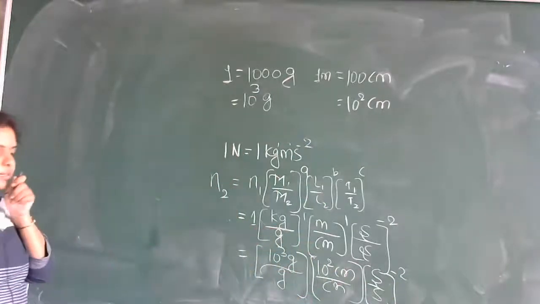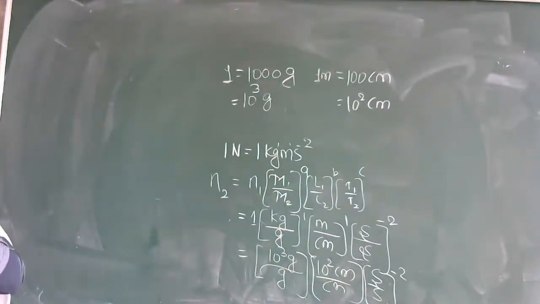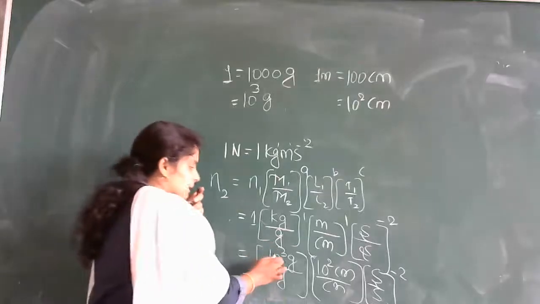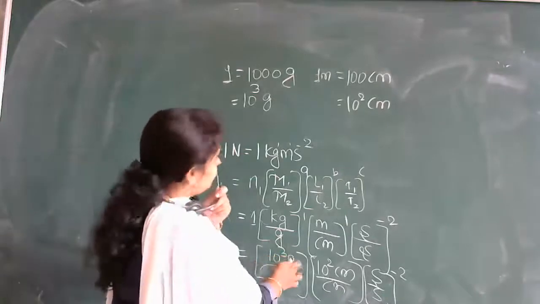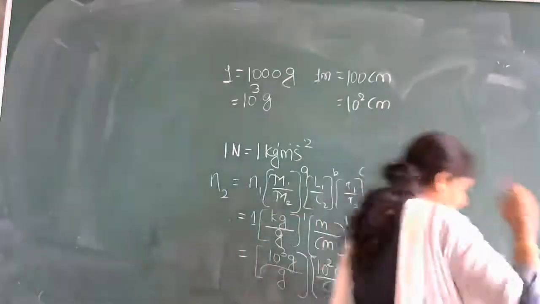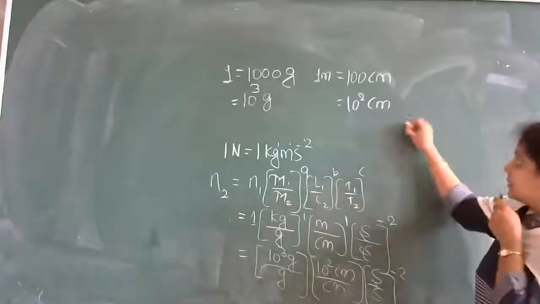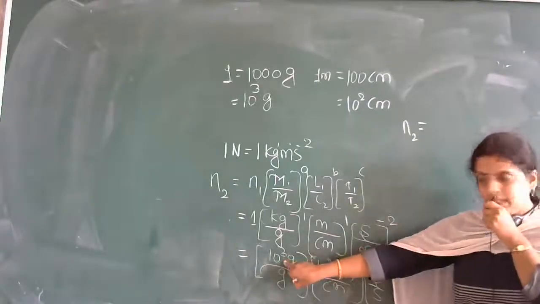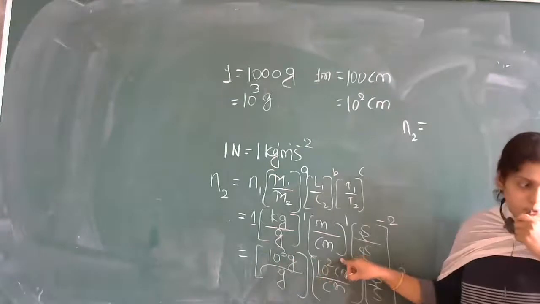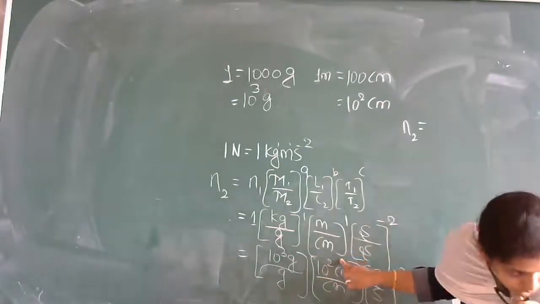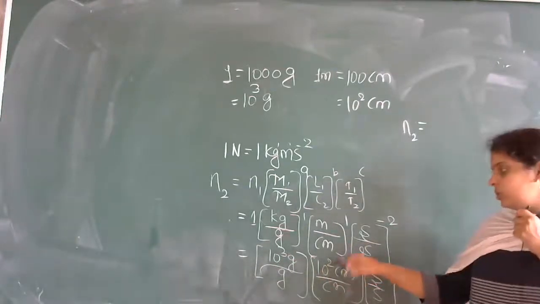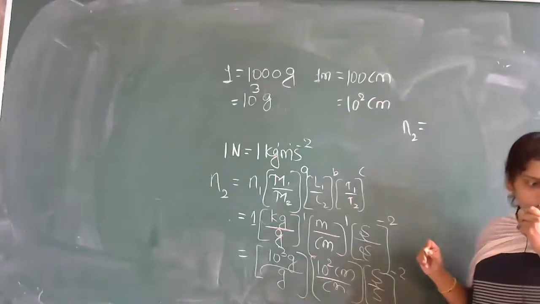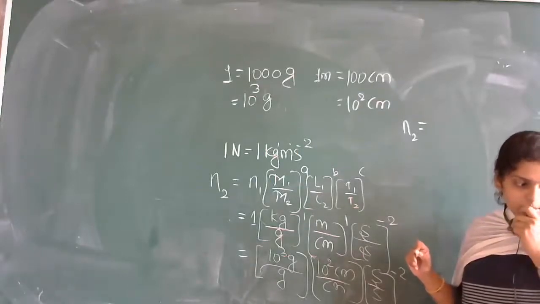Correct? So what are you getting now? Now you see 10 to the power, what will you get? It is 3. Here I'll write: N2 is equal to 10 to the power of 3 into 10 to the power of 2. What is that?